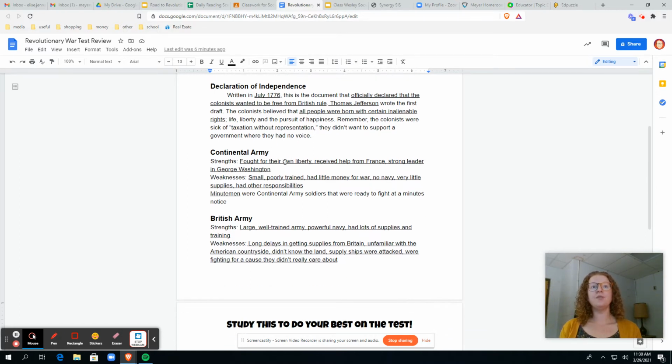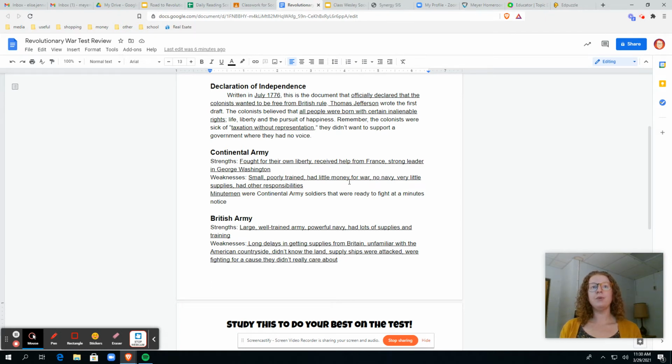As far as the armies, we have the Continental Army, and their strengths were that they fought for their own liberty, their own freedom. They received help from France, which helped them. They had a strong leader in George Washington. He led the Continental Army. Their weaknesses were they were small and poorly trained, had little money for war, no navy, very little supplies, and they had other responsibilities at home.